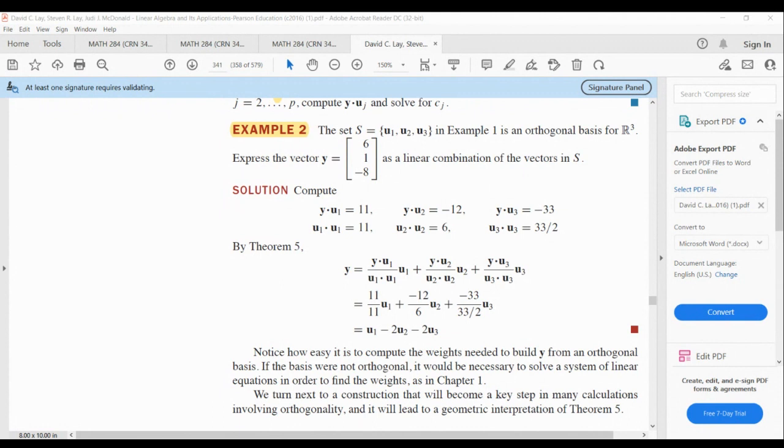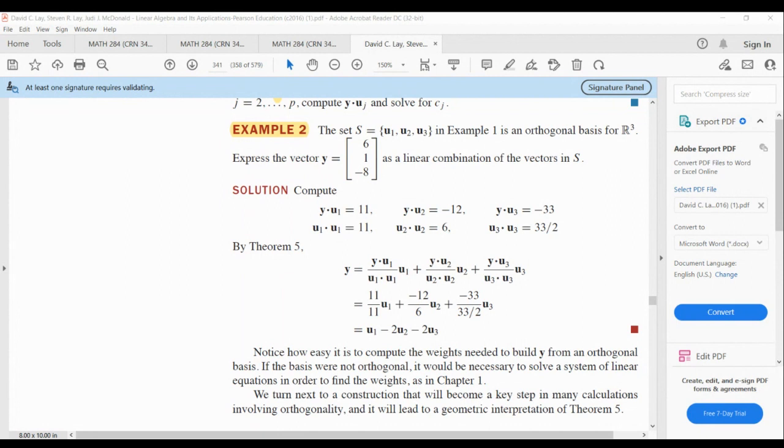All right, now example two. Okay, here's, thank you, Jacob. Appreciate it. So here's a set S, and that's the set from example one, and they want you to express the vector y as a linear combination of those vectors.